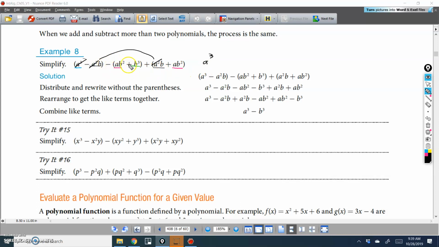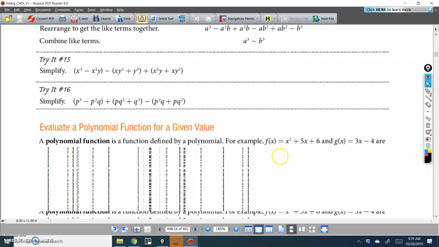And let's see, negative ab squared plus ab squared, so that's a positive 1, that's a negative 1, same thing. These guys actually canceled out. And then this negative applies to this b cubed, so this is actually minus b cubed, and that's the final answer for that guy.